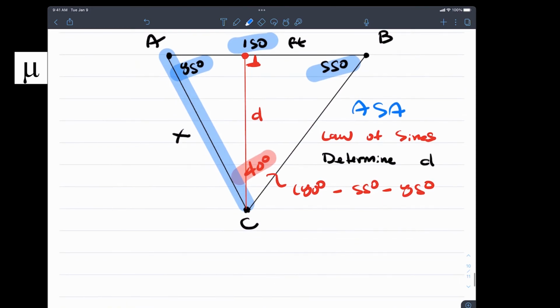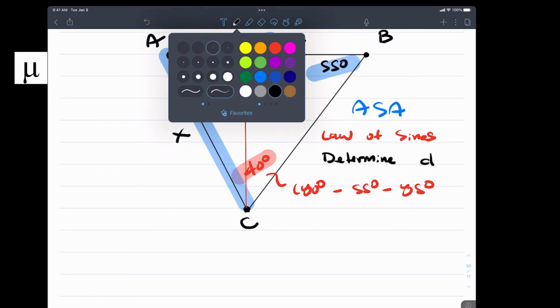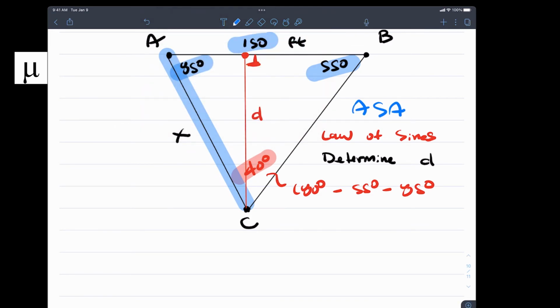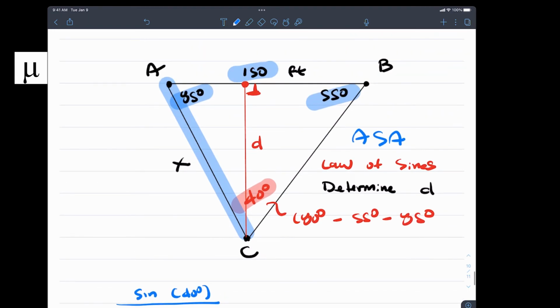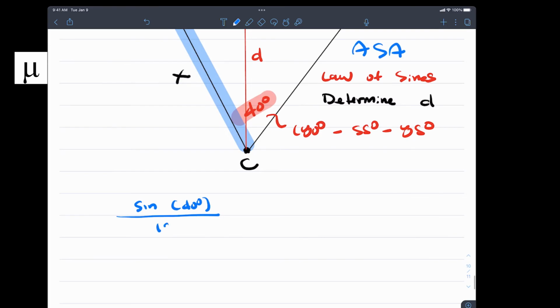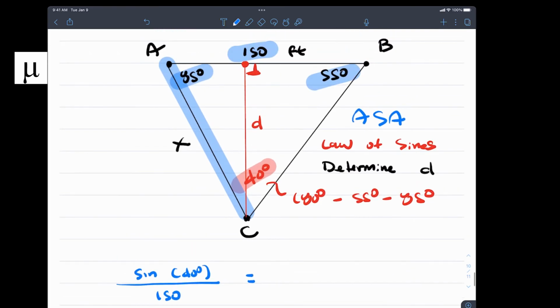So how would you find that distance? Very easily. Law of what? Sines. You say sine of 40 degrees over what? 150. Yes. Equals. So you're using this. Sine of 40 over 150, what does that equal?